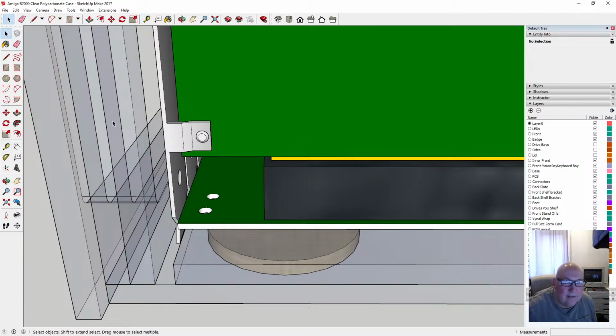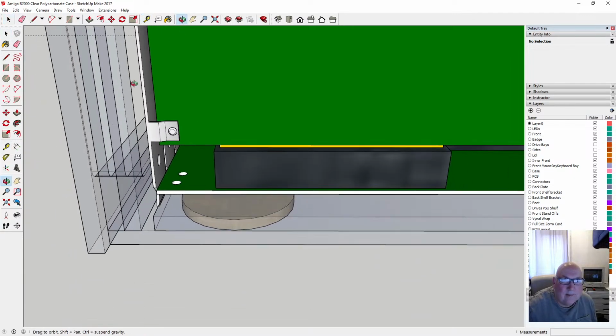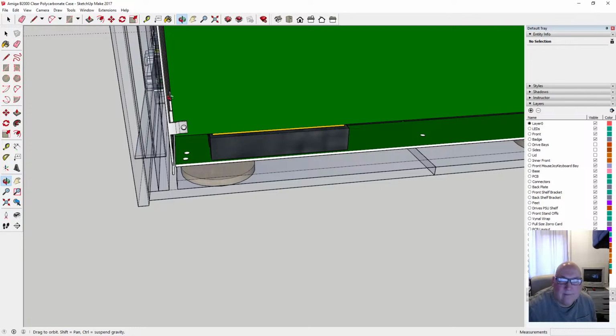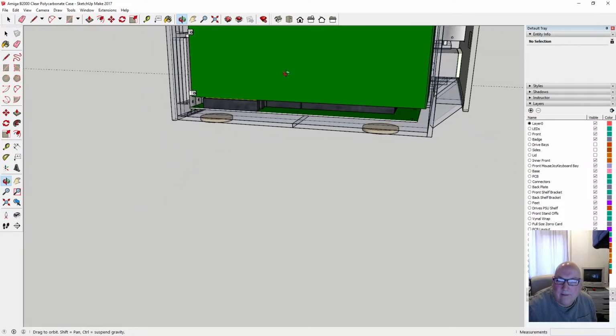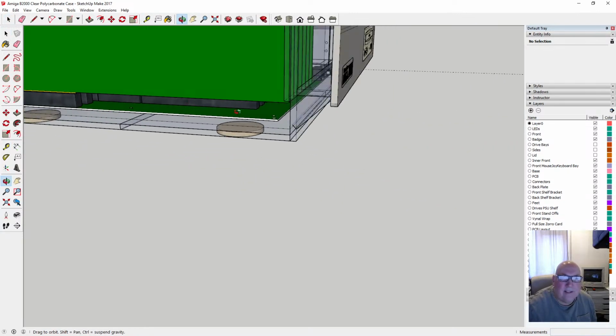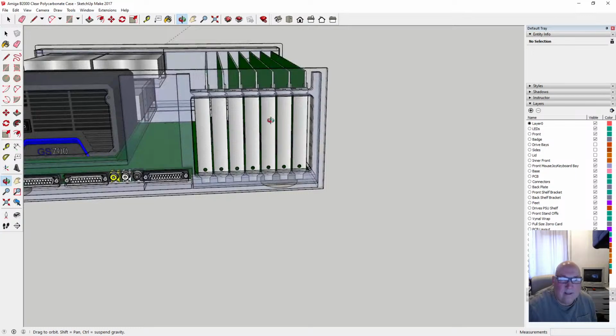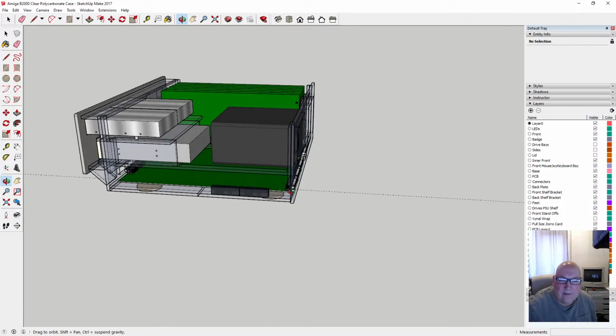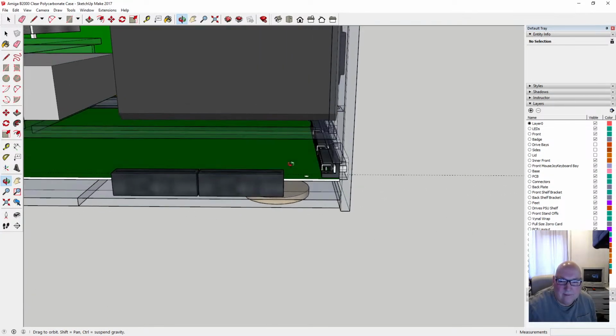Right. 21.5. Right, now maybe they've gone this way because they're not ISA slots, they're Amiga slots. 33. So it doesn't look like they've kept to any. They must have just done whatever they thought.